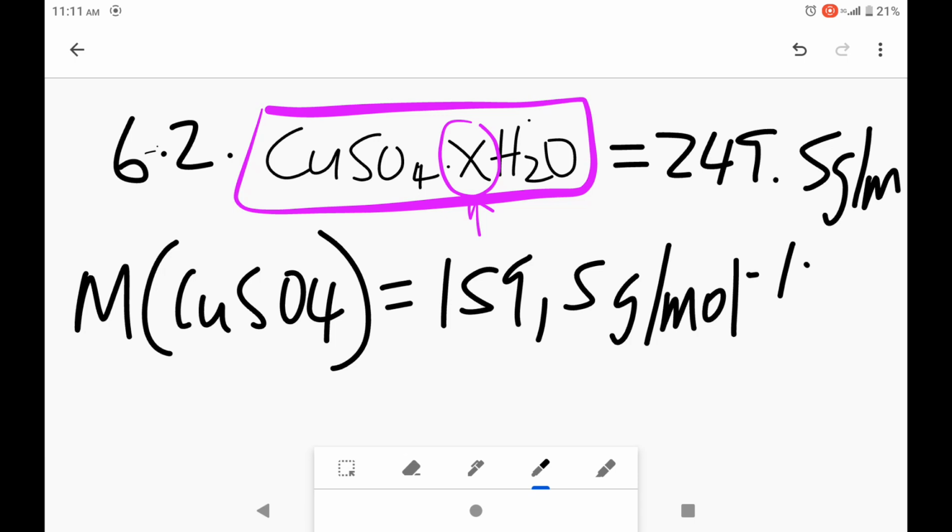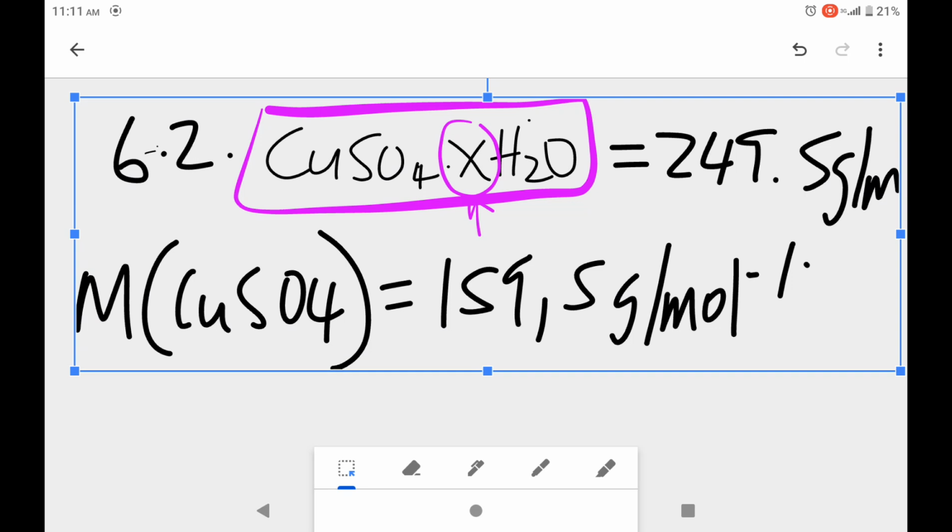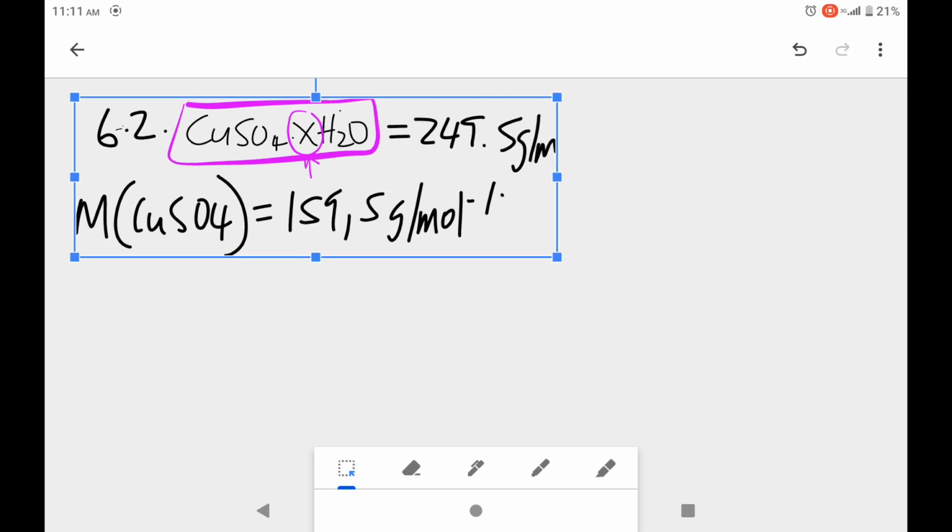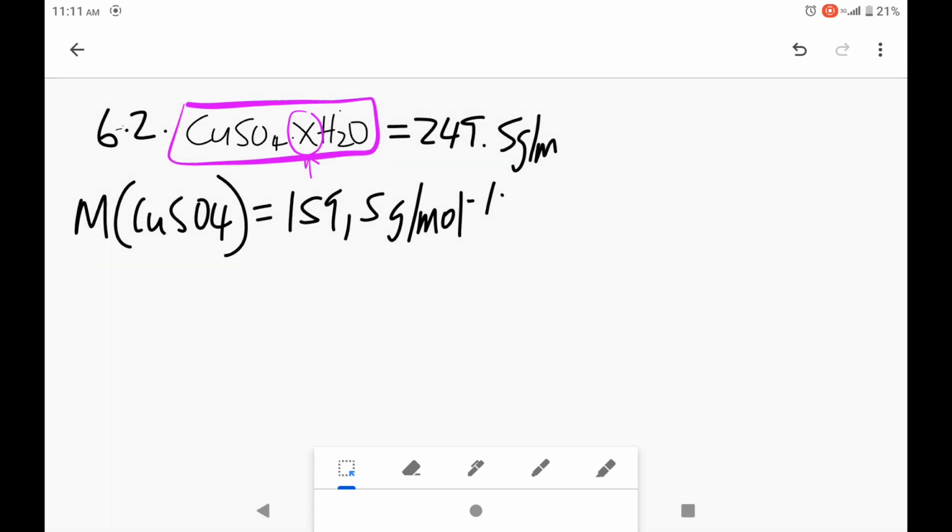So once you have the molar mass of hydrated and the molar mass of unhydrated copper sulfate, you need to find the mass of water. How do you determine the mass of water?